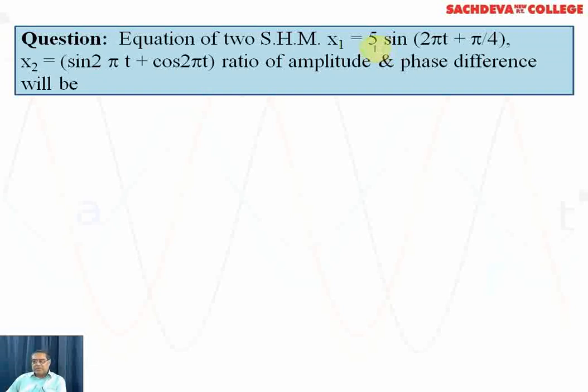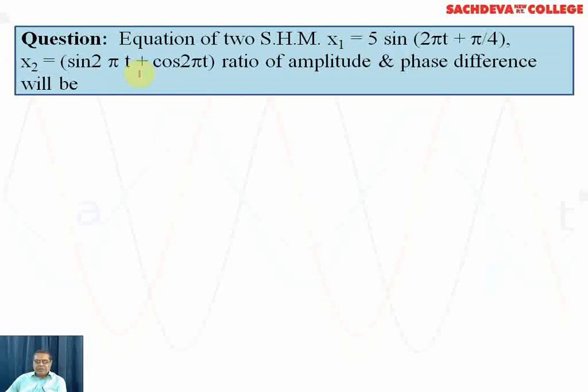The phase difference is obviously phi, and phi is equal to 2 pi x over lambda. First of all, x2 is to be transformed into a single equation in terms of the sine function, because at present x2 is given in terms of sine as well as cosine.